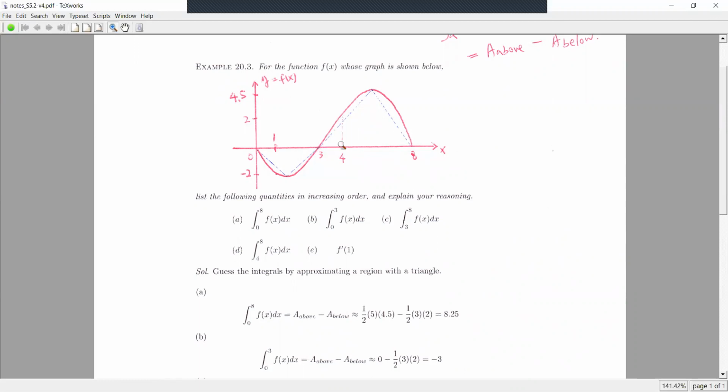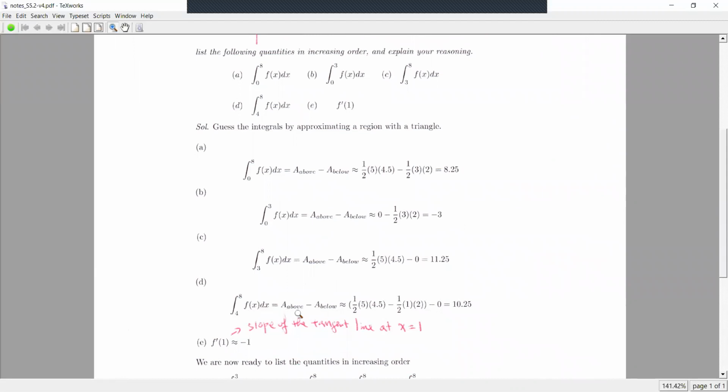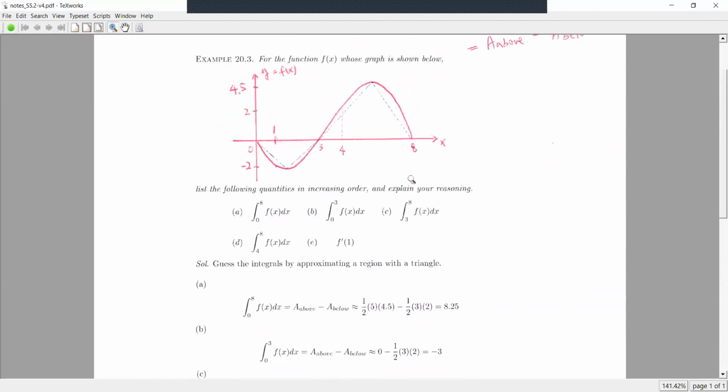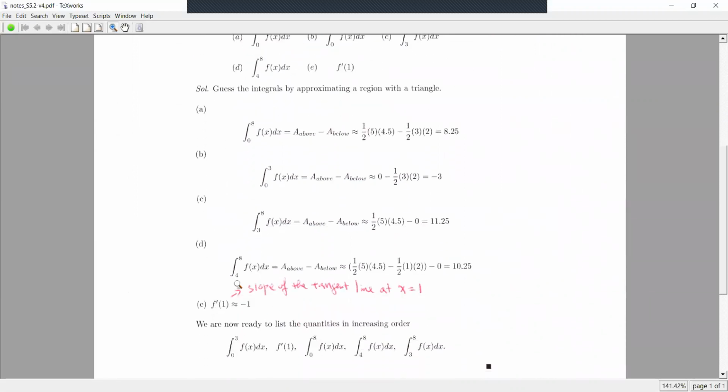This smaller triangle's base is 1, height is 2. So therefore, the area above is the area of the bigger triangle minus the smaller triangle. The bigger triangle is this triangle. The smaller triangle is this triangle. So therefore, the integral from 4 to 8 is roughly 10.28.